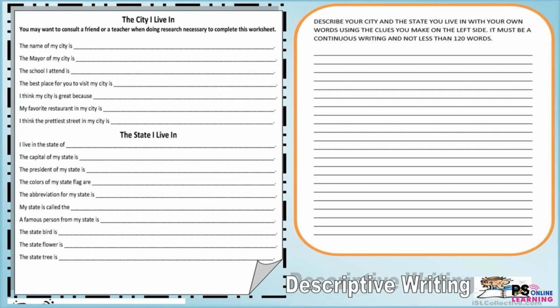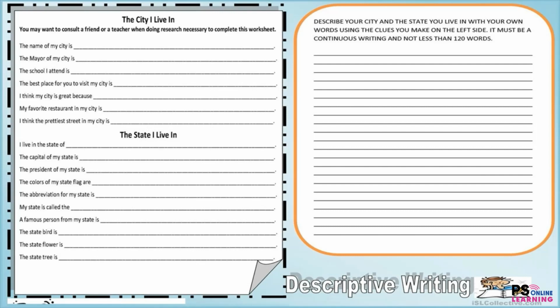I think the prettiest street in my city is, you don't have to give me the street name. Just tell me about the street. I think the prettiest street in my city is where my house is, or where my favorite restaurant is. Things like that. Okay, you don't have to give me a street name. Just talk about it.